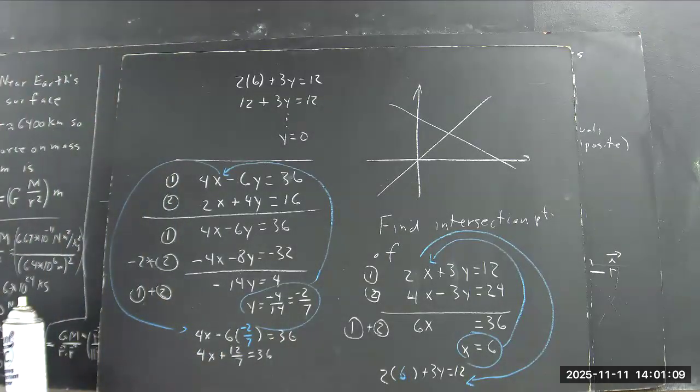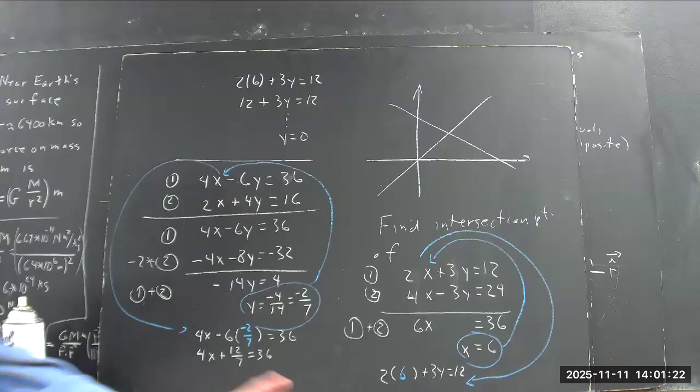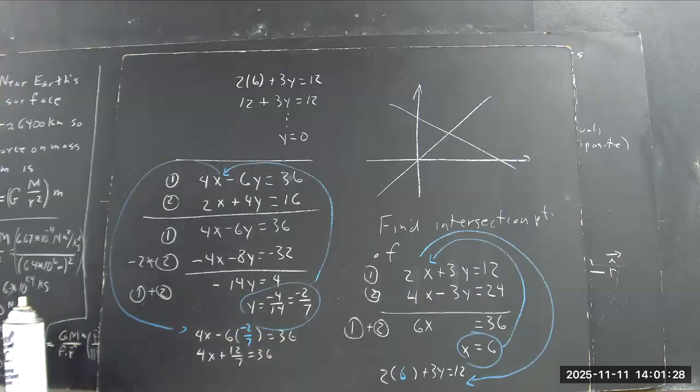Now you've got a couple of choices. You can write 36 as 252 over 7, if I did that right, I think it's right. And then subtract 12/7 from it and get 240 over 7. And if you don't want to do that, you multiply both sides by 7.